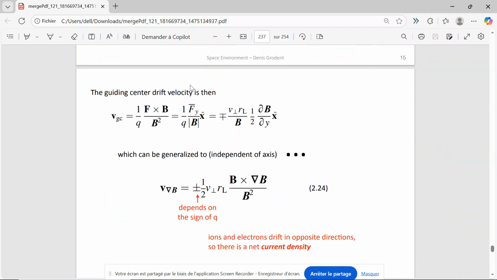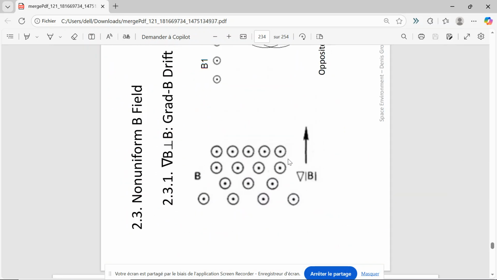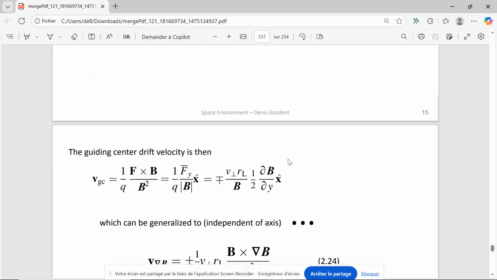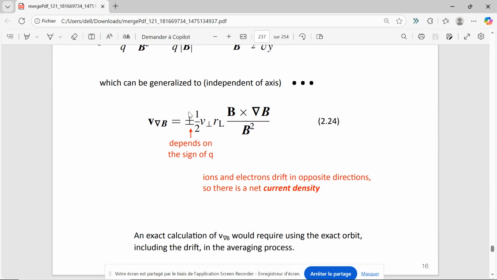The guiding center drift velocity can be calculated following this formula, and we see that the drift velocity is proportional to the gradient of the magnetic field in the y direction. All right. We see that this velocity depends on the sign of the charge.